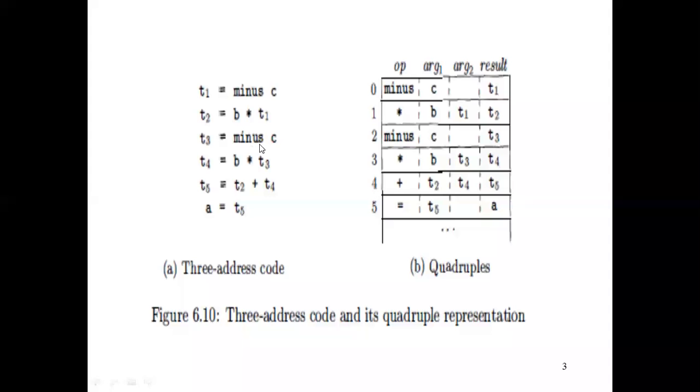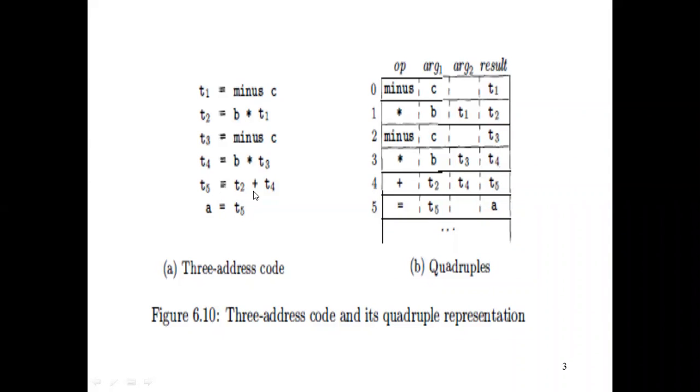Then again we consider the second half, because the expression is A is equal to B star minus C plus again B star minus C. For the remaining half, T3 is again minus C, and here we write T4 is equal to B star T3, meaning B star minus C again. Because there is an addition of B star minus C plus B star minus C, we assign the value to a new temporary variable T5.